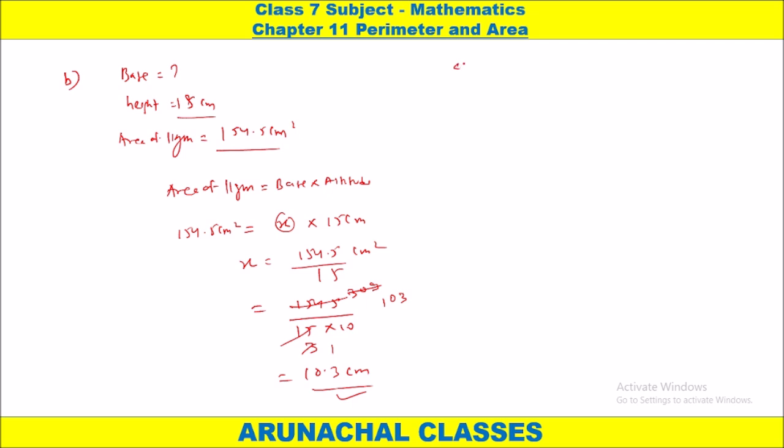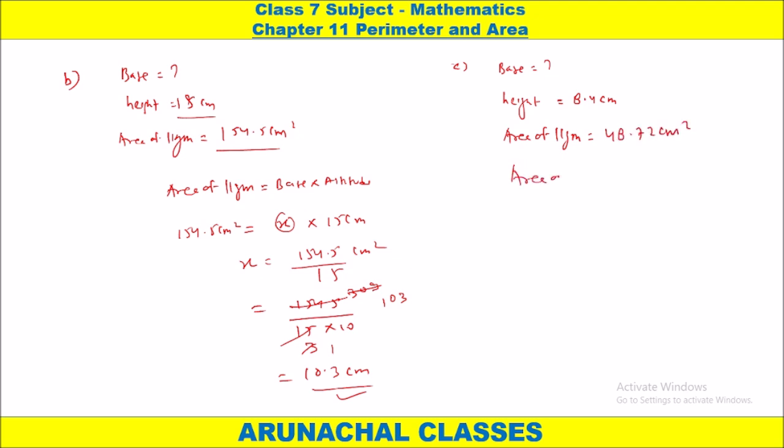Let's have the C part here. In the C part, again we have to find the base value, that is the base length. Height is given as 8.4 centimeter, and your area of parallelogram is given as 48.72 centimeter square.